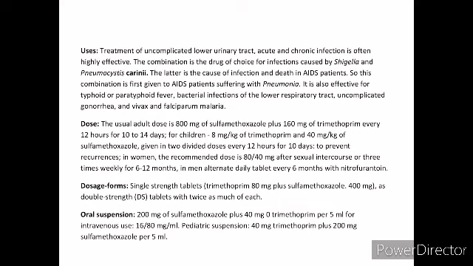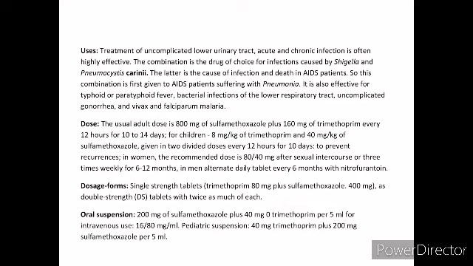Then we have the dosage. The usual adult dose is 800 milligram of sulfamethoxazole and 160 milligram of trimethoprim every 12 hours for 10 to 14 days. For children, 8 milligram per kg trimethoprim, 40 milligram per kg of sulfamethoxazole in 2 divided doses every 12 hours for 10 days. And in women, 80 and 400 after intercourse 3 times weekly for 6 to 12 months.